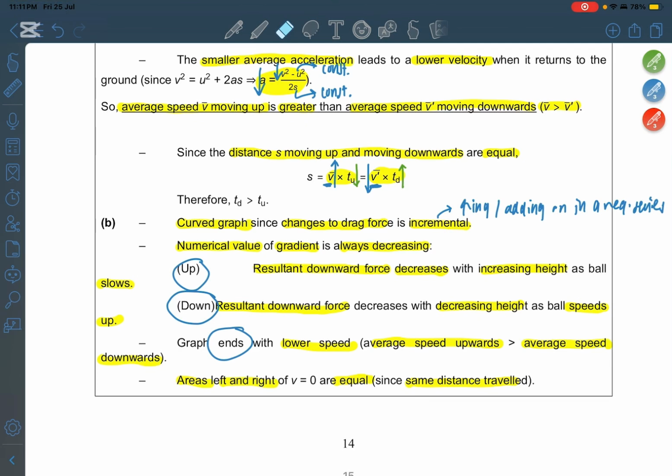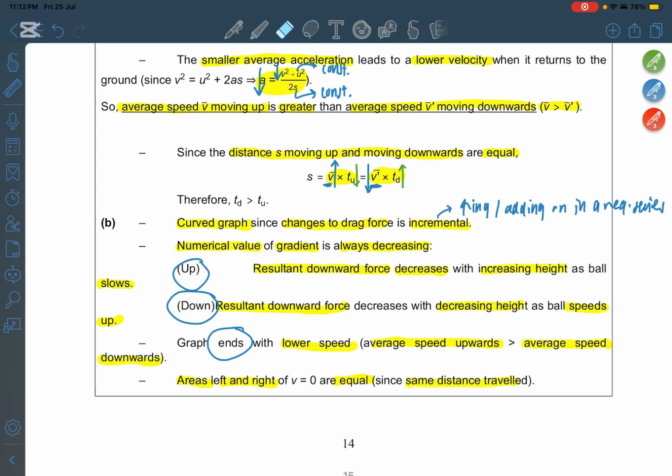And knowing that gravity is constant, that means the total downward force, which is gravity and air resistance, is going to decrease with height, because the air resistance decreases as the speed decreases. So that's why resultant downward force will decrease with increasing height as the ball slows down.